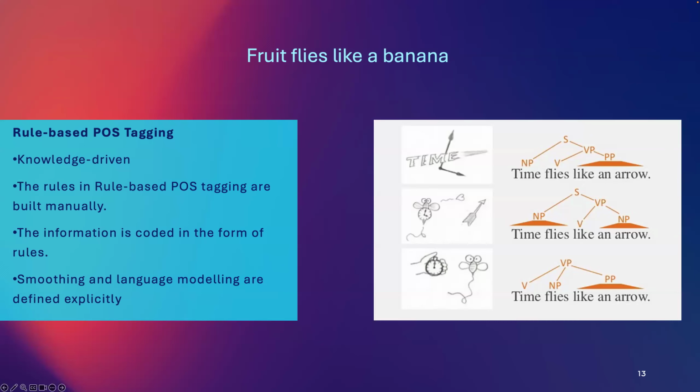When a word has multiple possible tags, rule-based taggers apply manually created rules to select the appropriate tag. Disambiguation, so separation of words, in this method can be achieved by examining the relations of the word with the words before and after it. For instance, if a word is preceded by an article, it is likely a noun. So this is how it works.